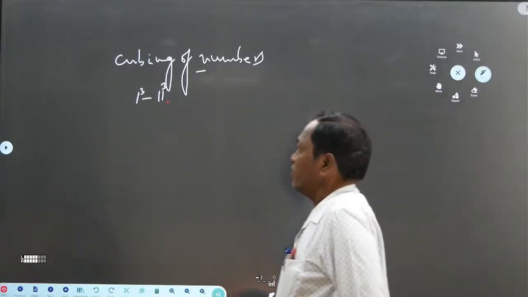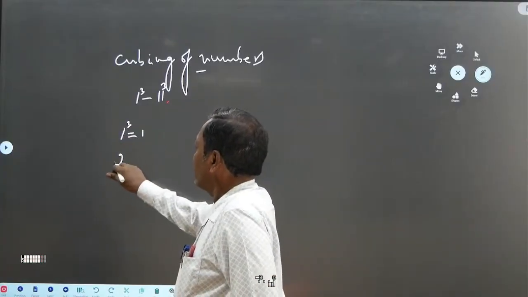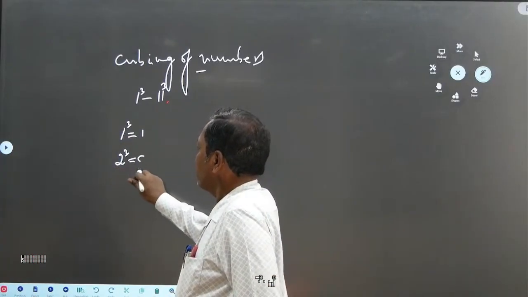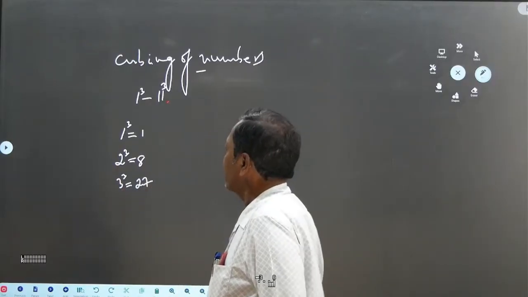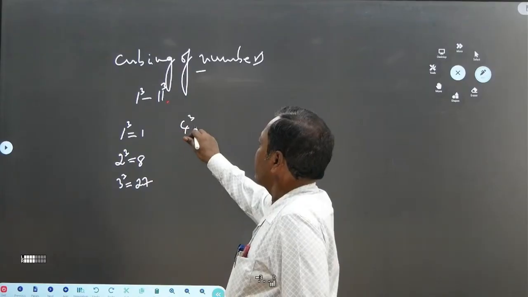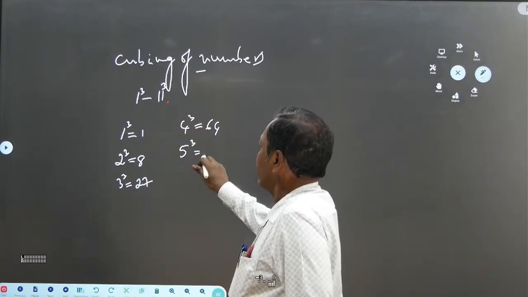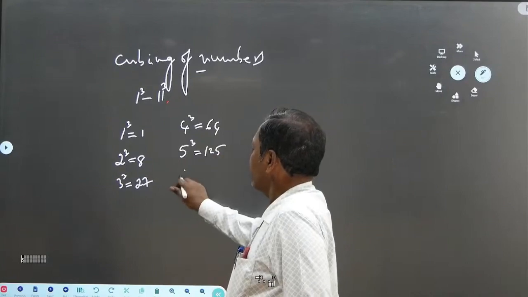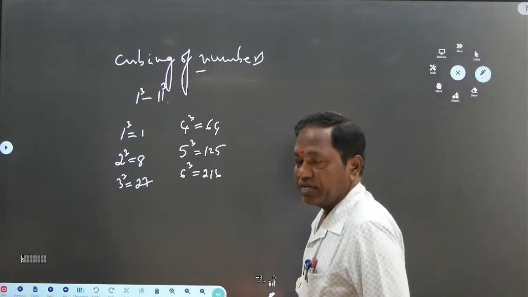Okay. So what is 1 cube? 1. What is 2 cube? 8. 3 cube? 27. 4 cube? 64. 5 cube? 125. 6 cube? 216.